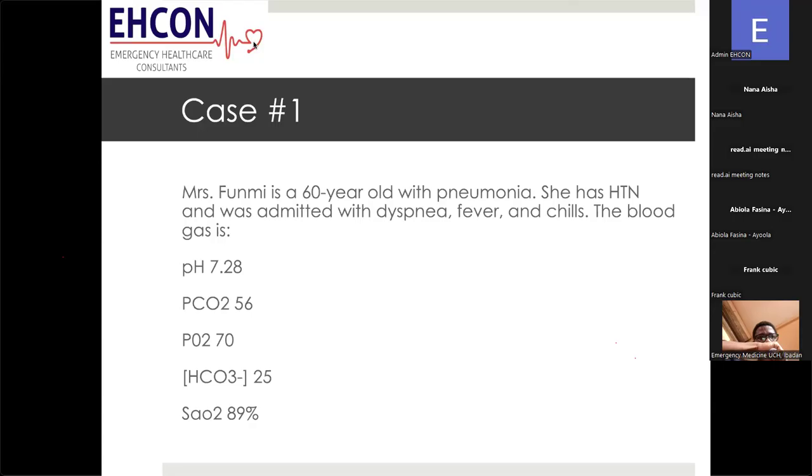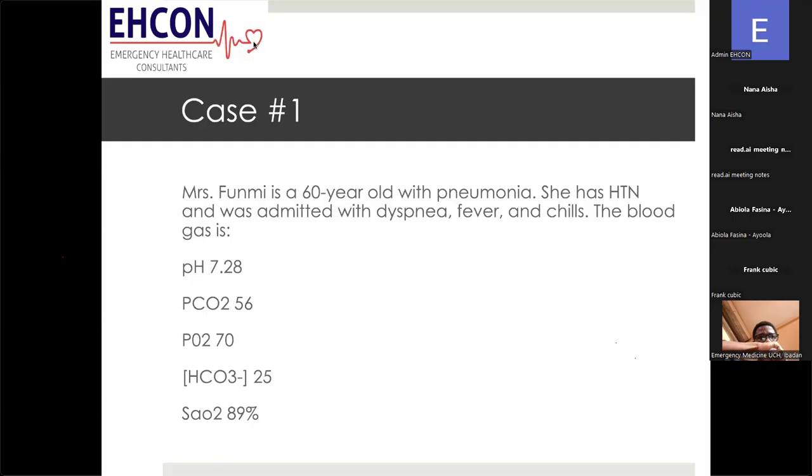The first thing is to determine the internal consistency of the gas. Should we even believe these values? The Henderson-Hasselbalch equation gives the hydrogen ion concentration as 24 times the PaCO2 over the bicarb concentration. I'm going to bring my calculator out. We have 24 times the PCO2, which is 56 in this case, and when we divide that by the bicarb, we get a hydrogen ion concentration of about 53.8.